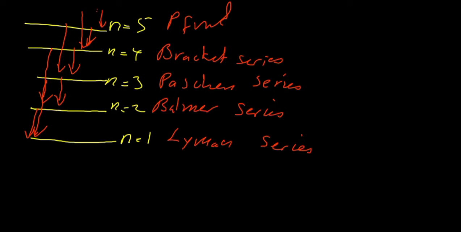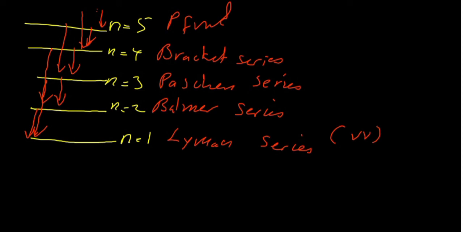Now see, we are coming from higher energy levels to a lower energy level. We are dropping from n is equal to 2, or from n is equal to 3, or from n is equal to 4 to the first energy level. So it means a photon should be released because we are dropping to a lower energy level. So such a photon which will be released when an electron drops to the first energy level will be in the ultraviolet region of the electromagnetic spectrum.